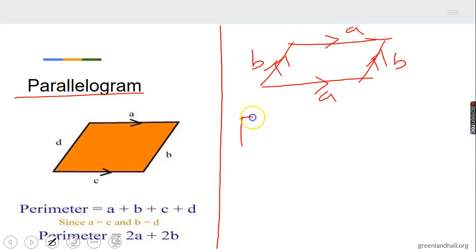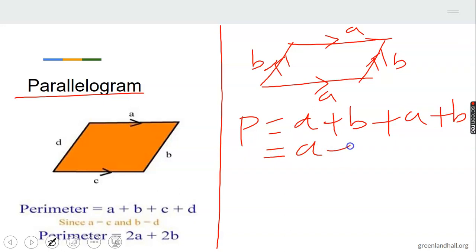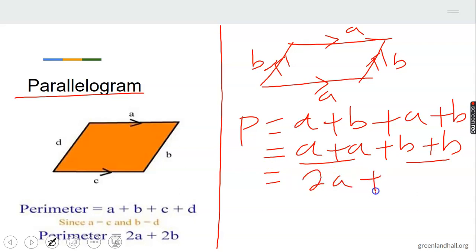Now, our perimeter will be equal to, just like the case of a rectangle, A plus B plus A plus B. Now, rearrange the like terms: A plus A plus B plus B. When you do the addition of like terms, A plus A equals 2A, B plus B equals 2B.